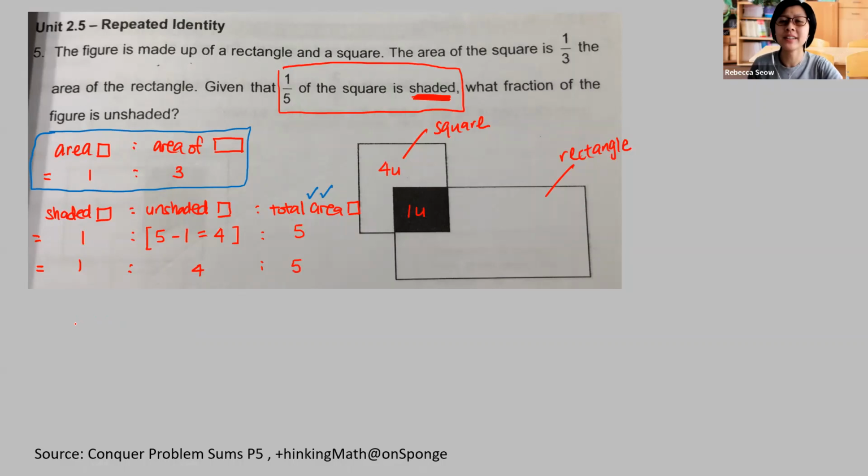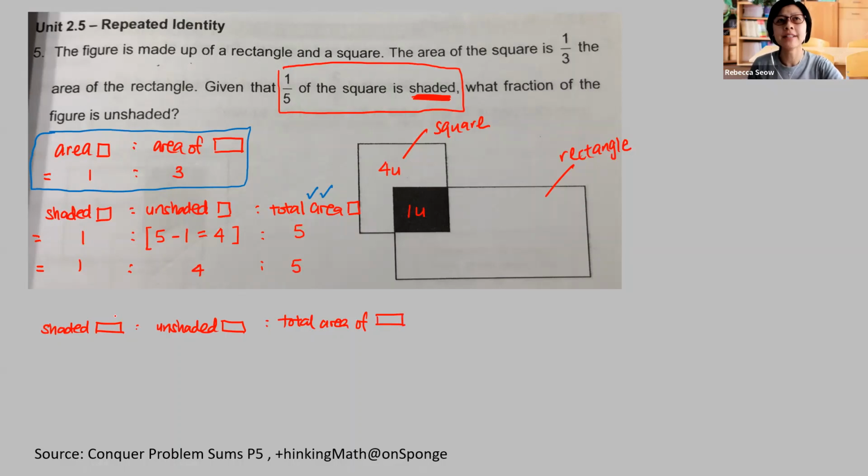Now, let's take a look at the rectangle then. We have shaded part of the rectangle to unshaded part of the rectangle. And we also want to consider total area of the rectangle.